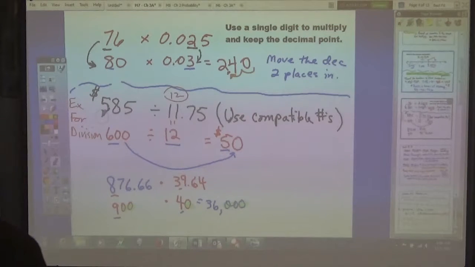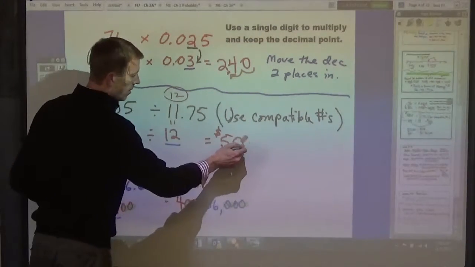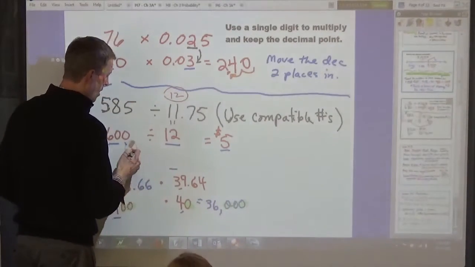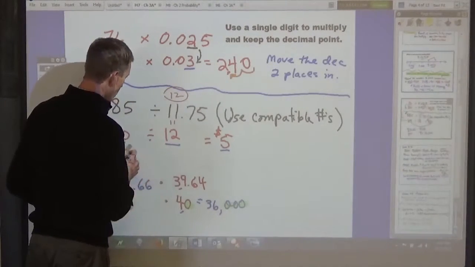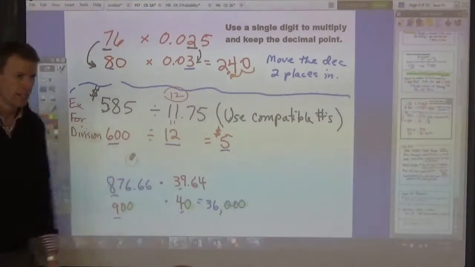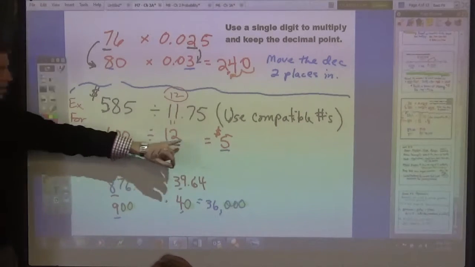Then I also want you to do the section on finding whether or not the answer is reasonable. What does that mean? What is reasonable? Checking for reasonableness. Let's think of it this way. If you are starting with 600 and you divide it by 12 and you got 5, is that reasonable? 600 divided by 12 is 5.